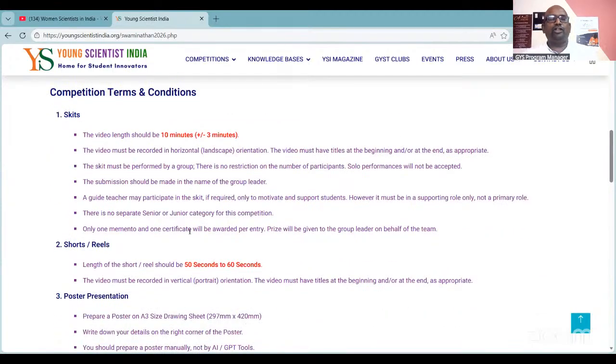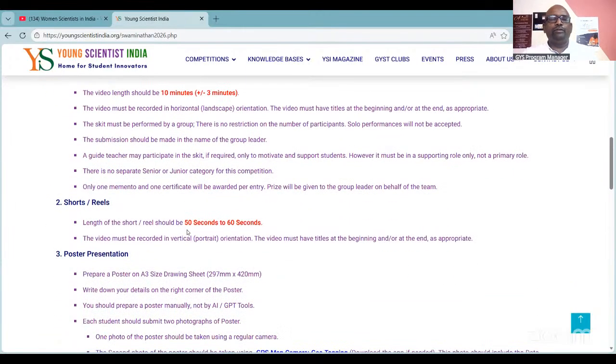Second one is shorts or reels. The team is the same. Three types of teams we gave you, so you can choose any one of the teams. The length is, of course, shorter: 60 seconds maximum, so 50 to 60 seconds of the reel.